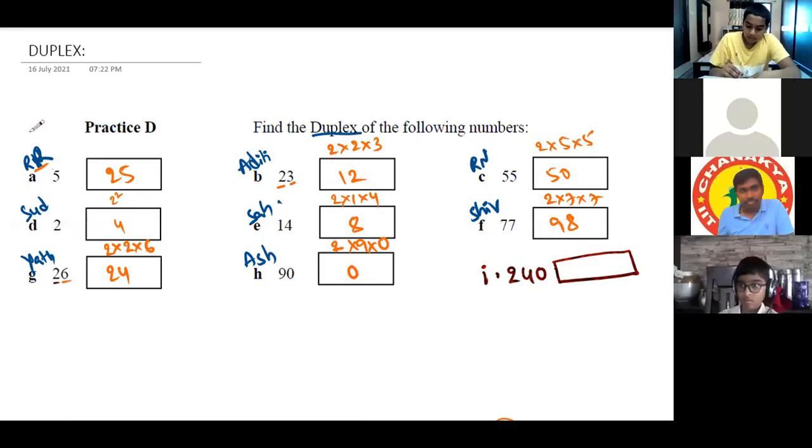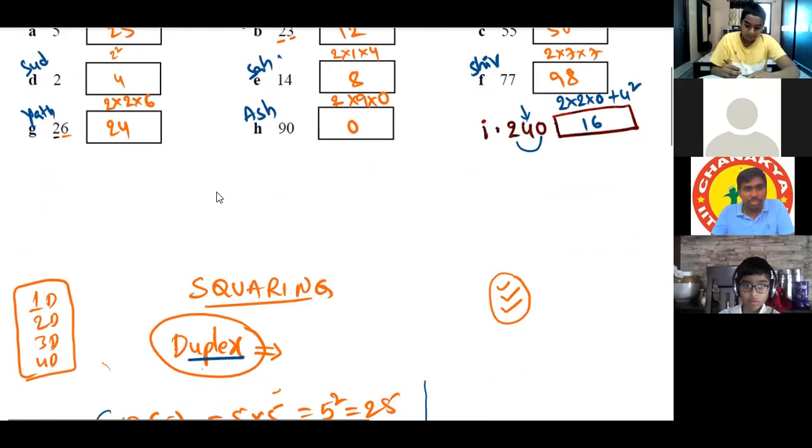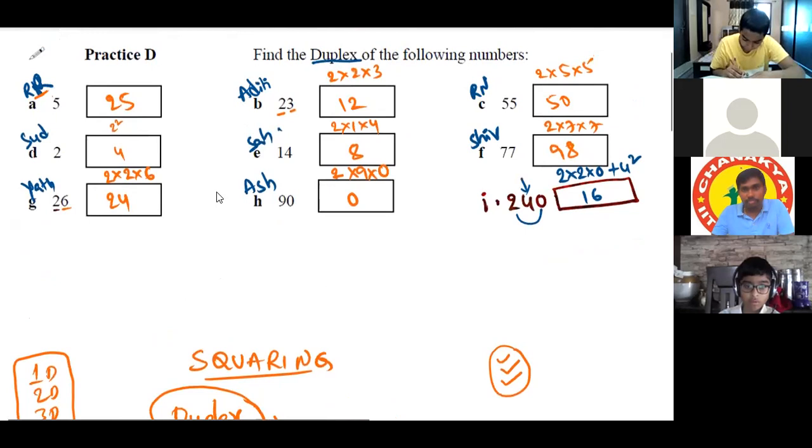I got it. Sir, 2 multiplied by 2 into 0. Plus the middle digit square. 4 square is 16. Overall it is 16. Very good. Then Ritvik and Sudisha, I will give other questions.